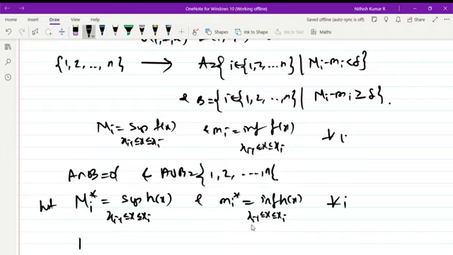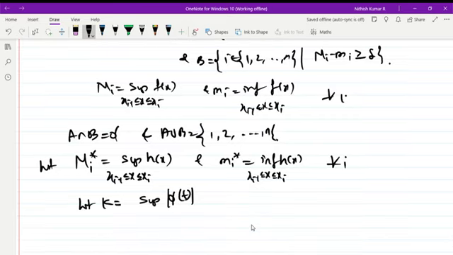Now let's take k equal to the supremum of modulus of phi of t, where t is between small m and capital M. What's the guarantee that such a supremum exists? Since phi is continuous on a compact set, a continuous function on a compact set is bounded.